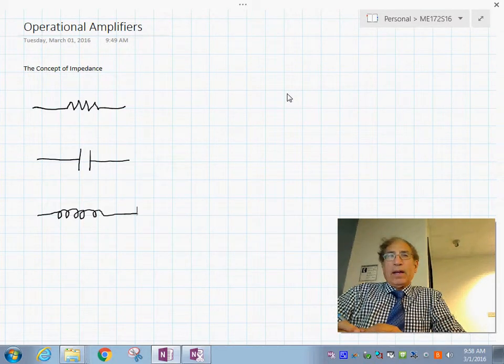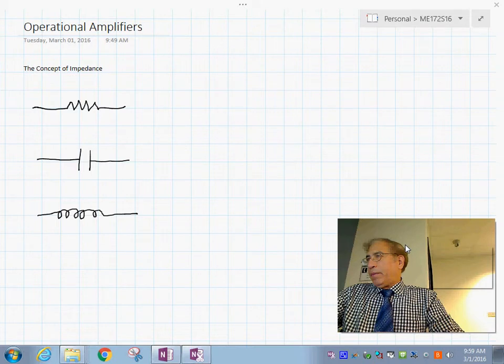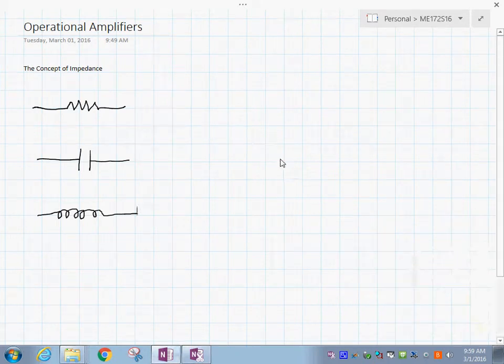And combinations of these also build circuits that do certain things. So the first thing we're going to do is look at the equations of each one of these elements. So let me disappear from here, and we'll concentrate over here.